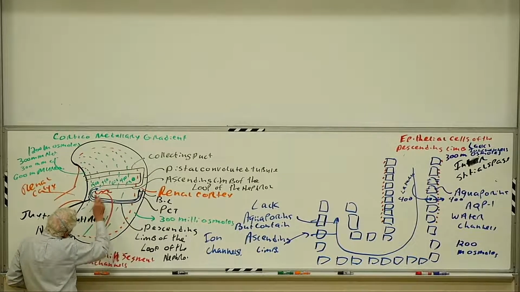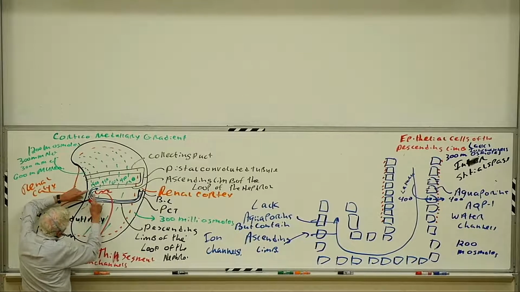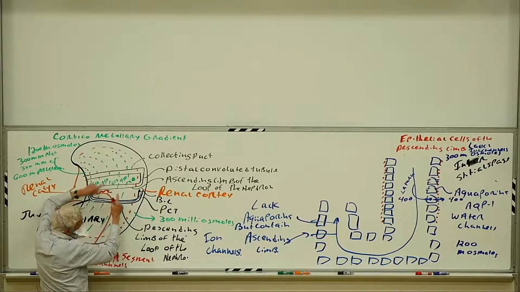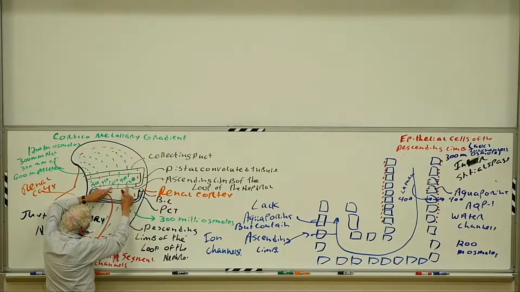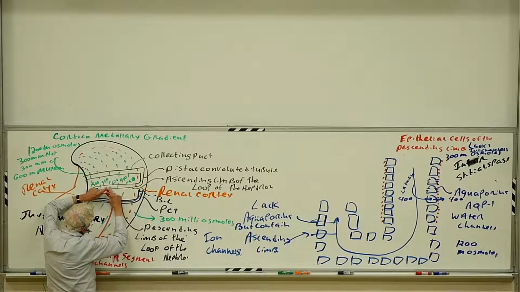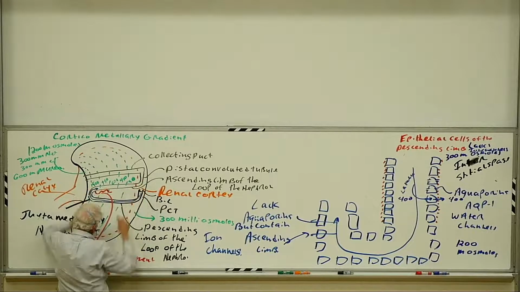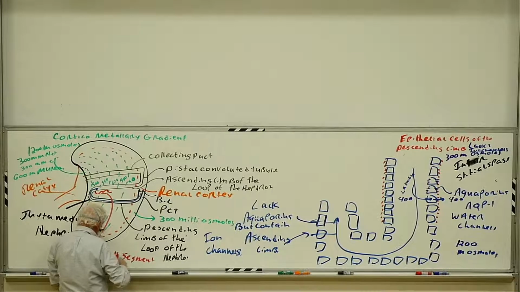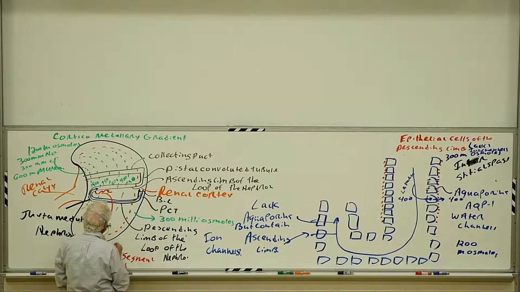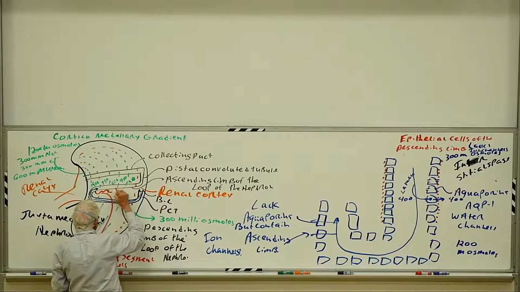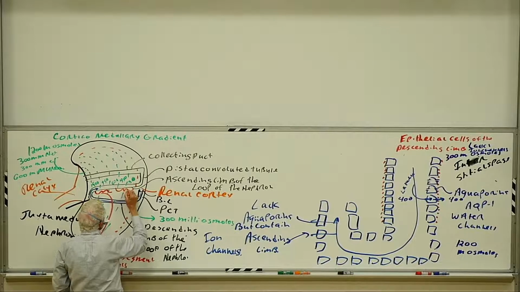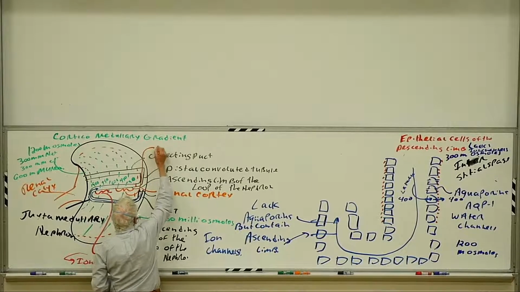Then as we come around the hairpin turn, as the equilibrium is reached at each of these points, as we get higher and higher in the corticomedullary gradient, so we get closer and closer to the cortex, we now enter a region of the ascending limb, which has another name, and this is called the thick segment.